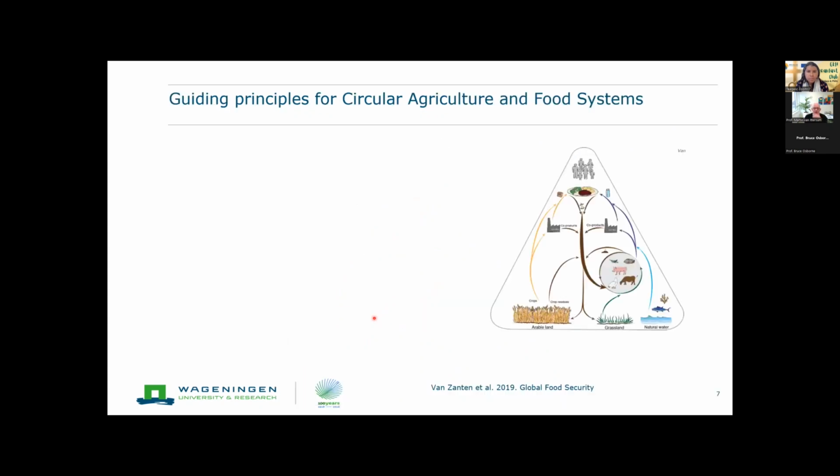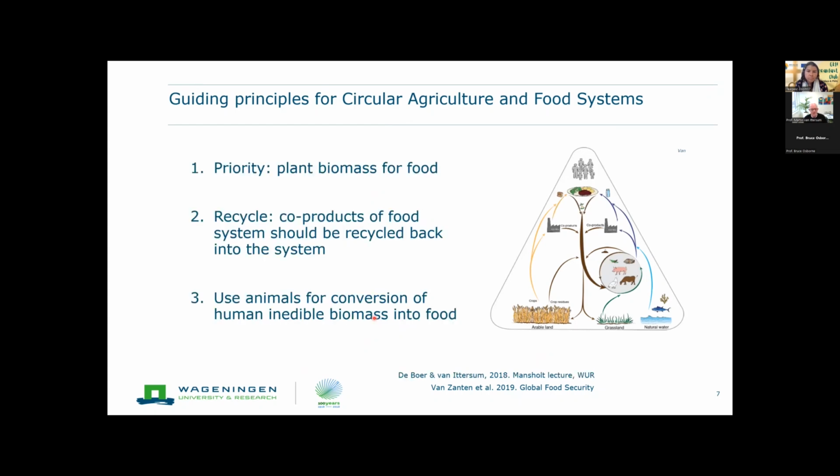So some years back, as a kind of hypothesis, my colleague from Animal Production Systems, Imke de Boer, and I developed 3 guiding principles to make our agriculture and food systems more circular. And these are the 3 principles that we proposed.